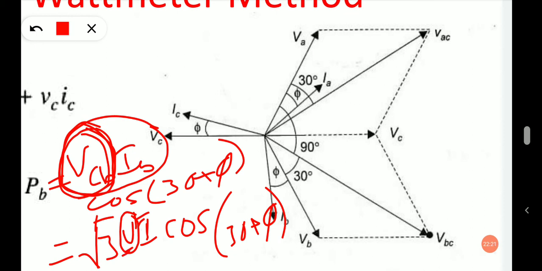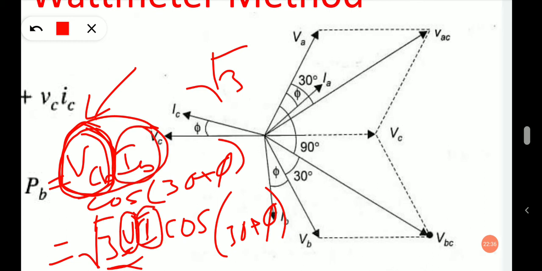So to express this line voltage we are multiplying by root 3. That's why root 3 V is there, and current IB is written as I, because the load is balanced and we are considering star connection.